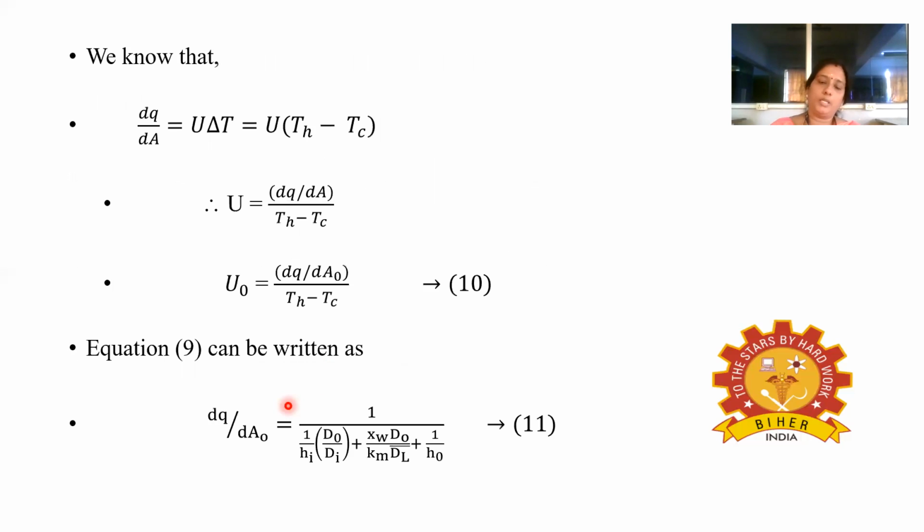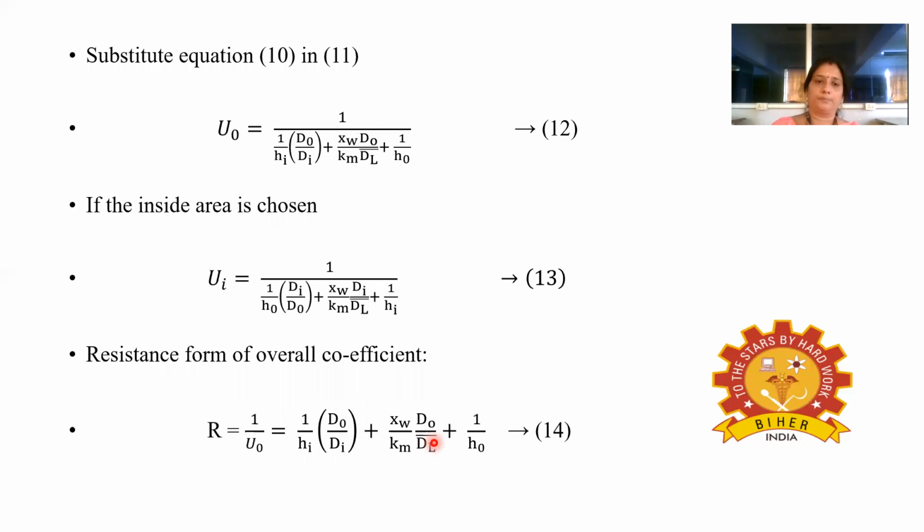So 1 by U naught, based on the outside area, is 1 by hi d naught by di, plus xw by km d naught by dl bar, plus 1 by h naught.